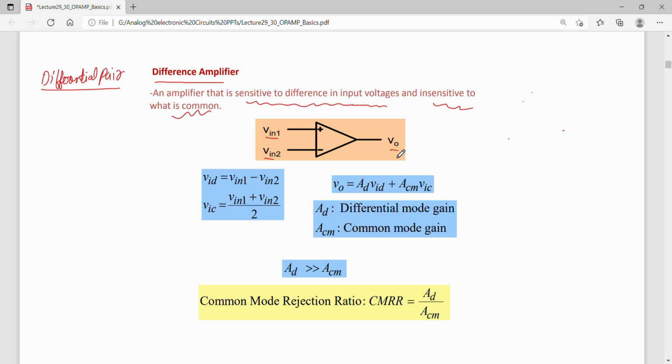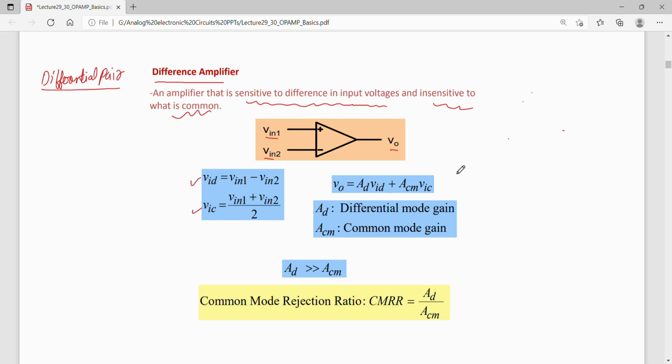One can write this differential input as Vin1 minus Vin2. Similarly, the common mode input one can write as (Vin1 plus Vin2)/2, that is the average of these two. Now the output of this difference amplifier will contain the output due to the differential mode input and also the common mode input.